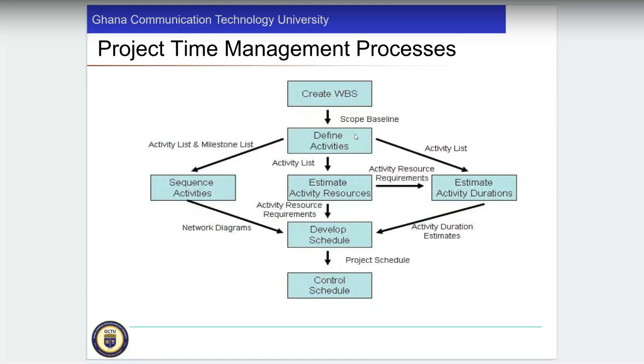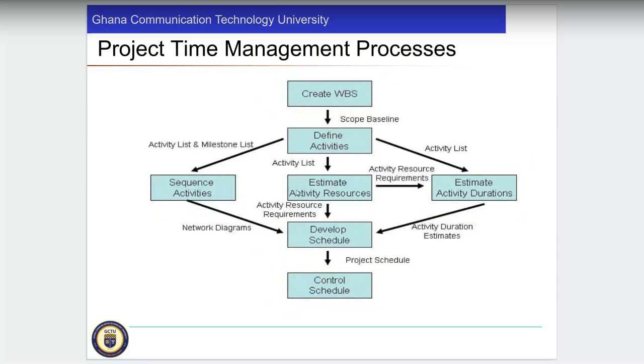For your project, you have to create a work breakdown structure, that is a breakdown of your project, assigning time and sometimes duration to it. Then you have to define activities, meaning you give a well-defined meaning to each particular task. Then you sequence the activities: which one comes first, which comes next, which comes last.